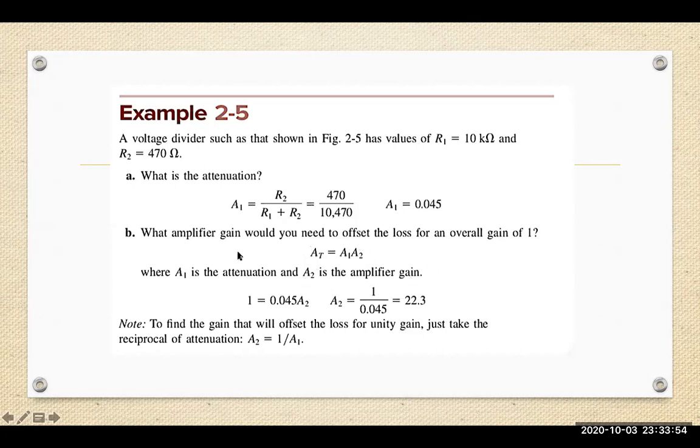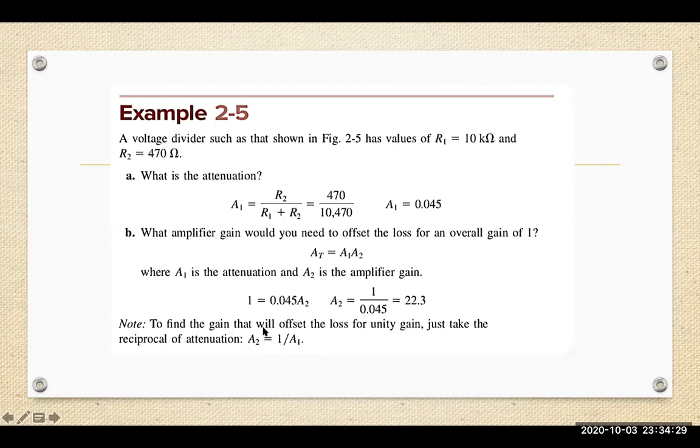You are given the overall gain equal to 1. So attenuation multiplied by the gain to offset gives the overall gain 1. Thus, we have A sub 2 equal to 1 divided by 0.045, which is equal to 22.3. Now, if you multiply 22.3 to the first stage gain, it will give us the overall gain equal to 1.